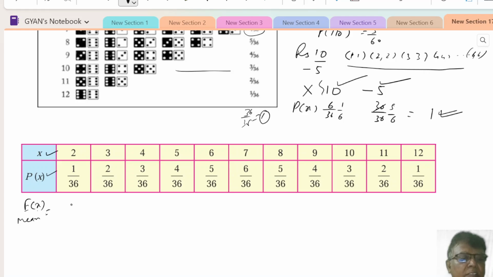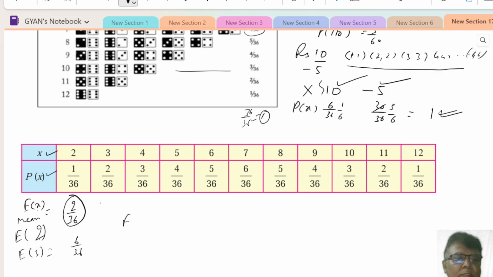You multiply each value by its probability. So E(2) will be 2 into 1 by 36, E(3) will be 3 into 2, that is 6 by 36, E(5) will be 5 into 4 by 36.